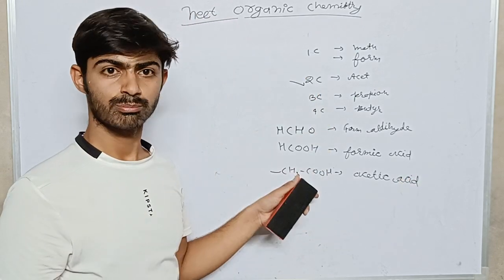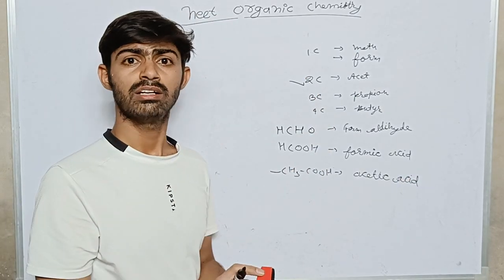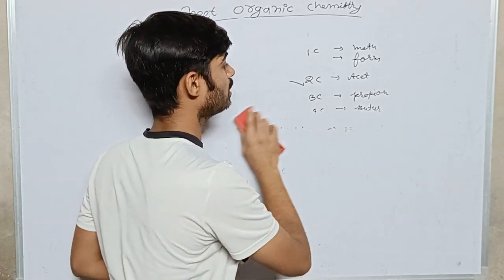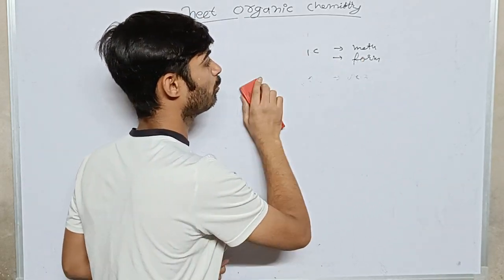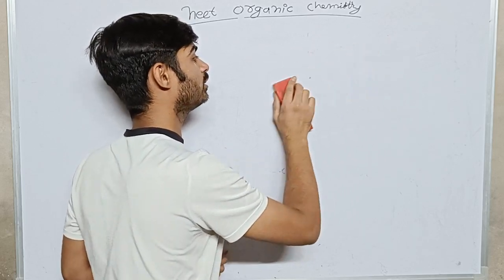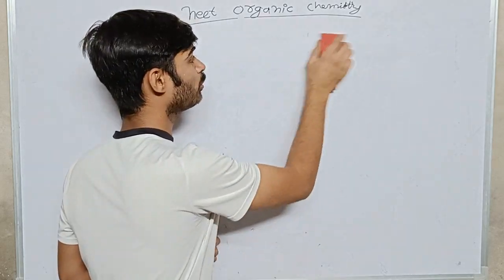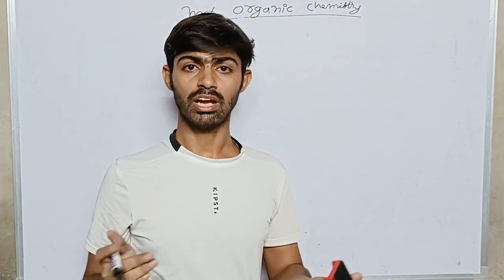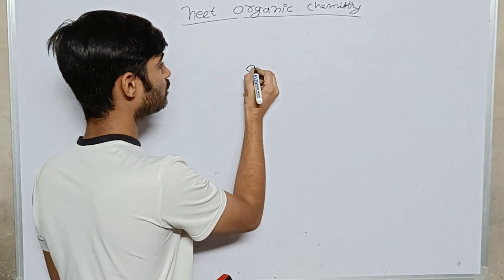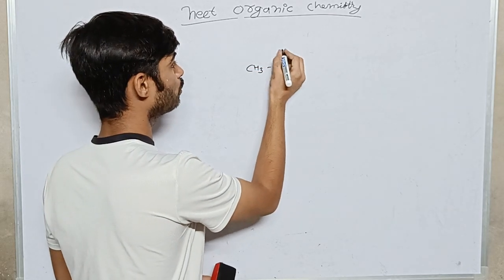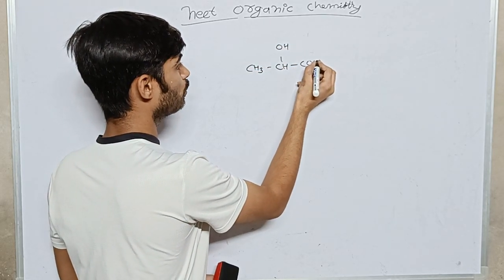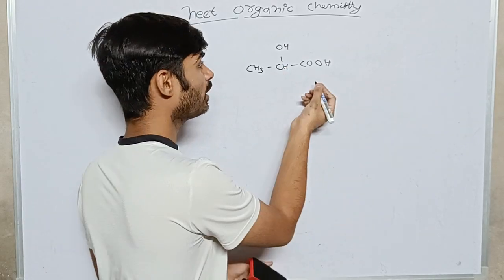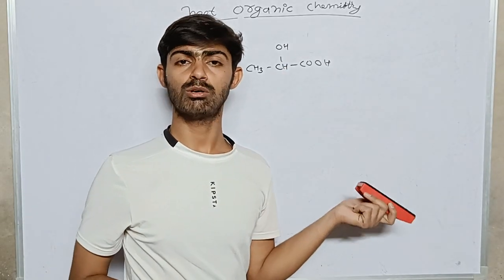Okay, this is the example of all this which I told you, which is useful for you. Next one is chloroform and lactic acid. Some time ago, a question was asked in NEET: what is the IUPAC name of lactic acid? CH3, CHOH, COOH. This is lactic acid.